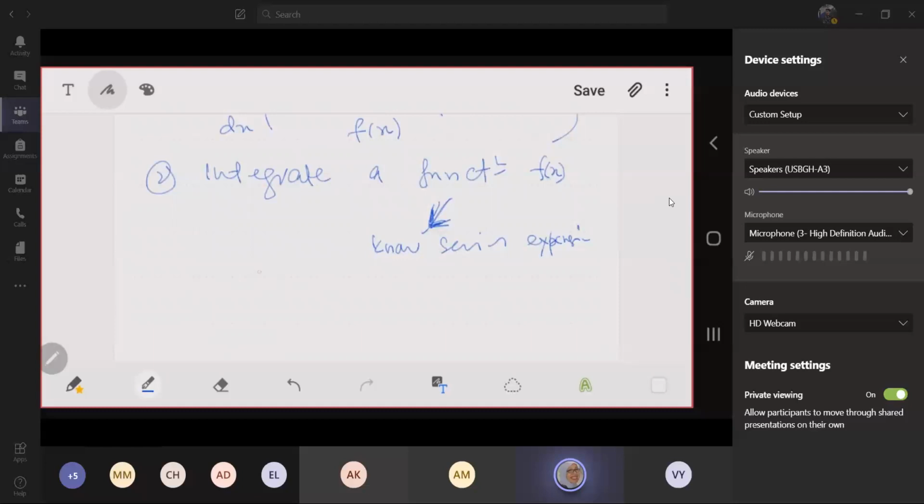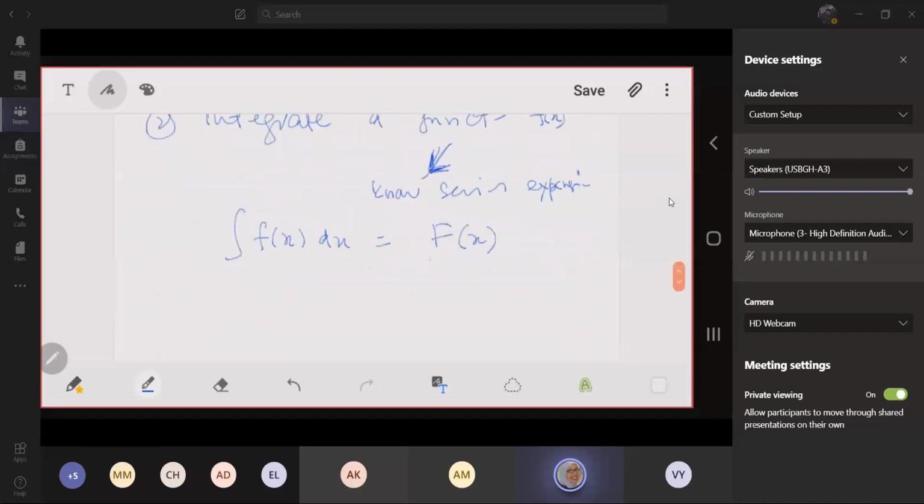So they ask you, f of x dx, after integrating you get this expression plus a constant c.